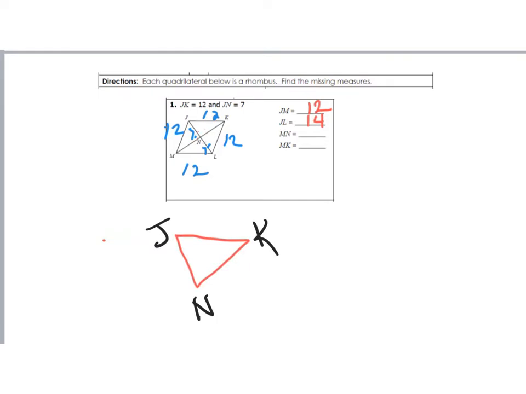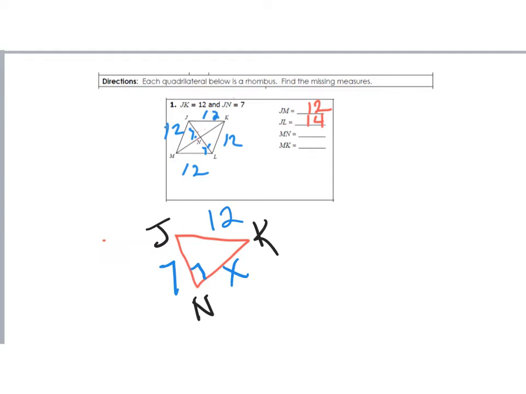we can slide a triangle out of the rhombus. So J to N to K, if we look at it, we can see that J to K is 12, J to N is 7, and we don't know what this is right here. But we do know that the angles in the middle are 90-degree angles because the diagonals are perpendicular.